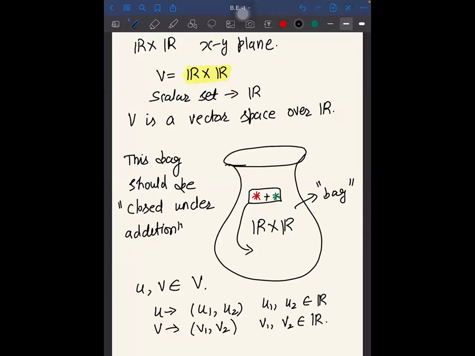Now, if you add U plus V, that means you are adding U1, U2 and V1, V2. How do you add these two elements? You simply add them coordinatewise. So this will look like U1 plus V1, U2 plus V2. Will this element also belong to the bag?